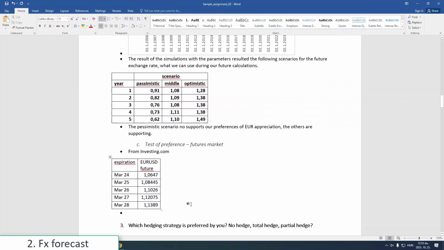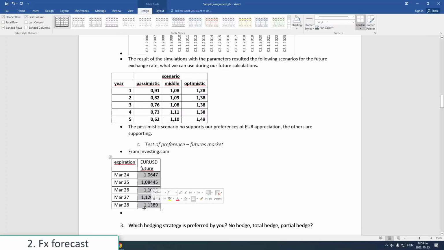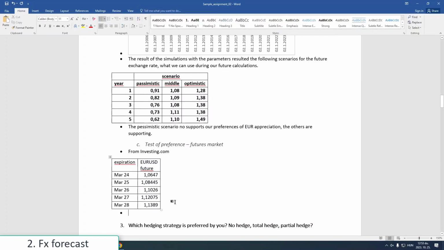What can we see here? The numbers are practically increasing. So the market expects US dollar appreciation, sorry, euro appreciation.